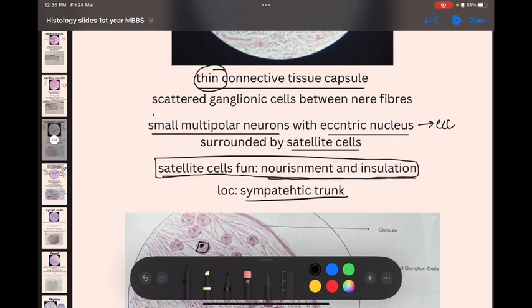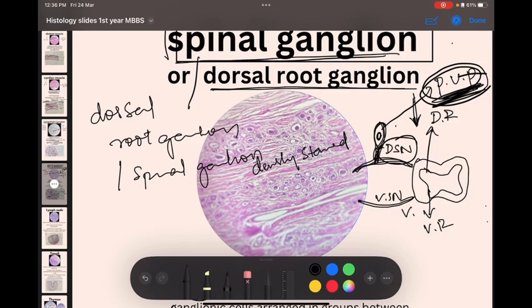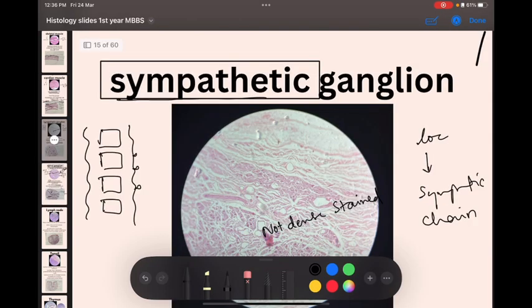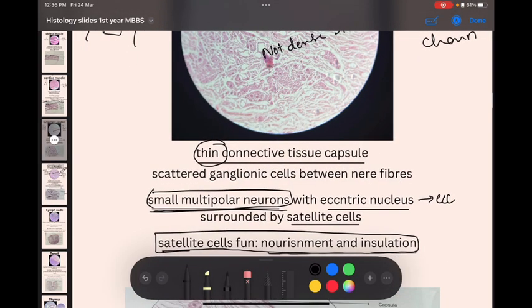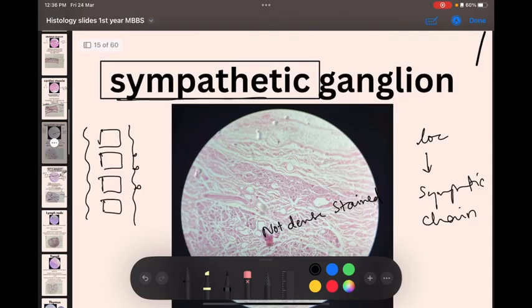Whereas in dorsal root ganglion, the neurons were large pseudo unipolar, in sympathetic they are small multipolar.